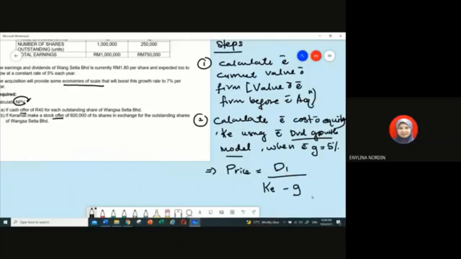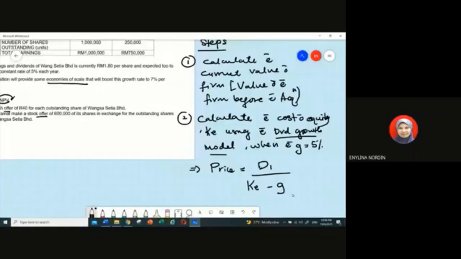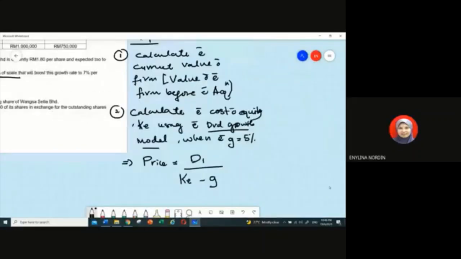How are we going to calculate the expected dividend? D1 equals the current dividend multiplied by 1 plus the growth rate, and you divide by KE minus G again. So this is the dividend growth model formula.